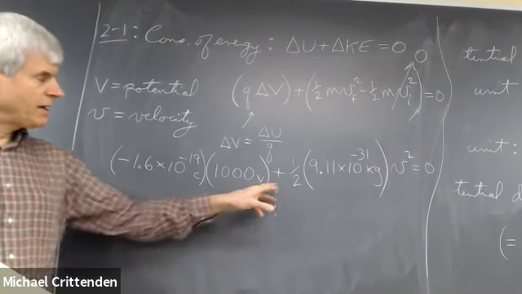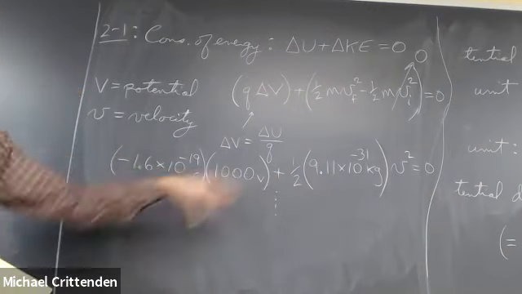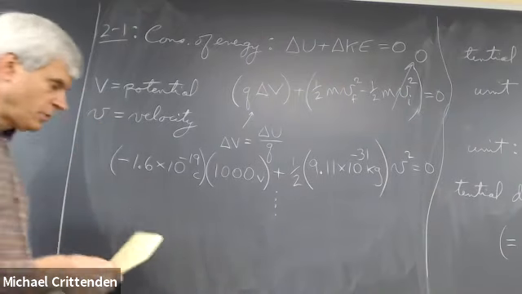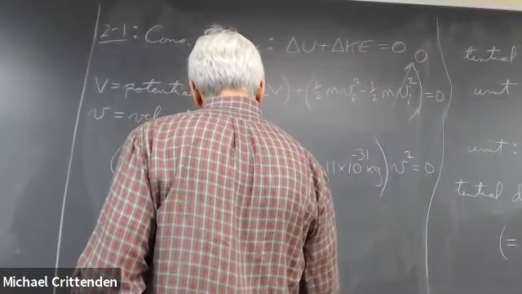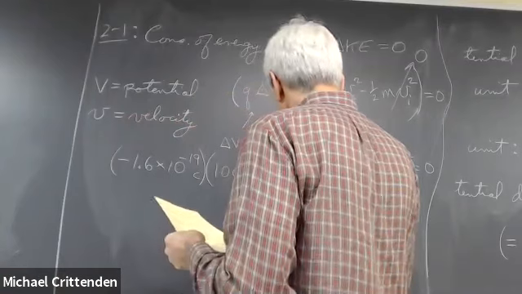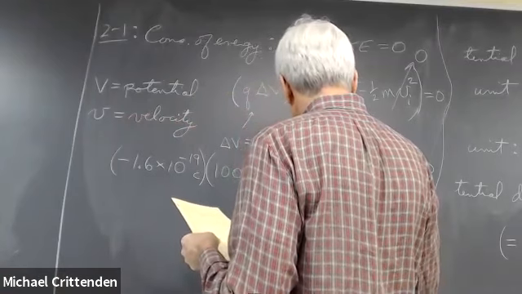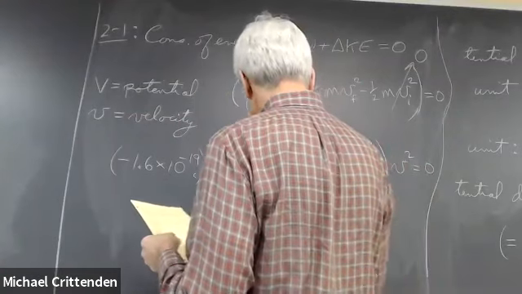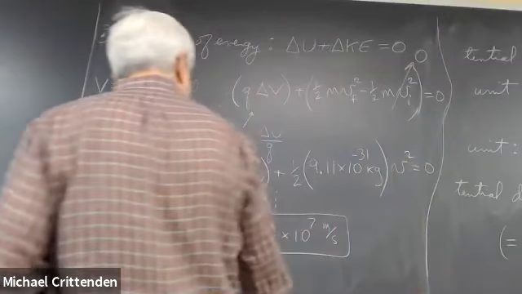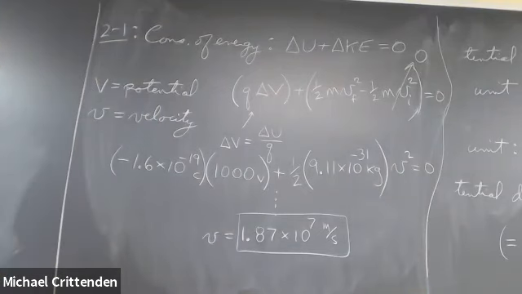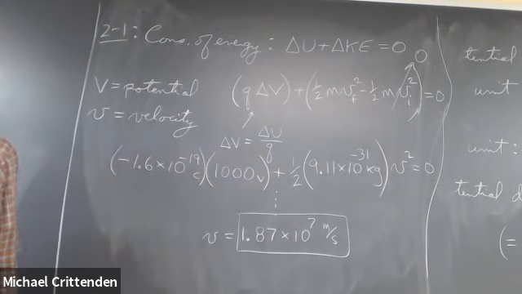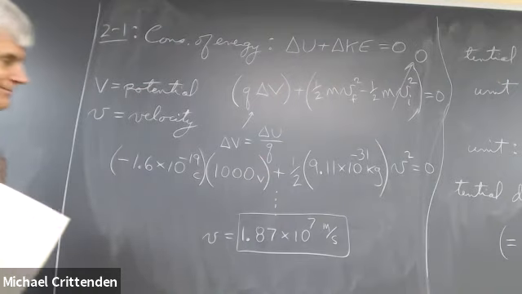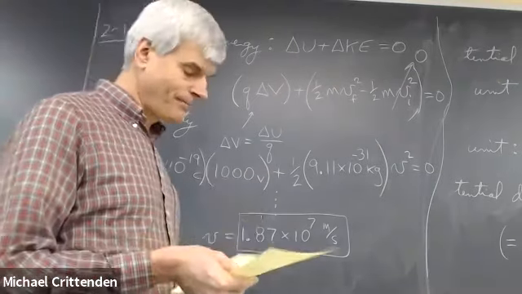You multiply that times that, you multiply that times that, and you divide, and you take the square root, and when the smoke clears, this thing is moving at 1.87 times 10 to the 7th meters per second, which is really fast, actually. But you see, electrons are very lightweight. And so it doesn't take an awful lot of force to get them up to a pretty respectable speed. They don't have much inertia at all.